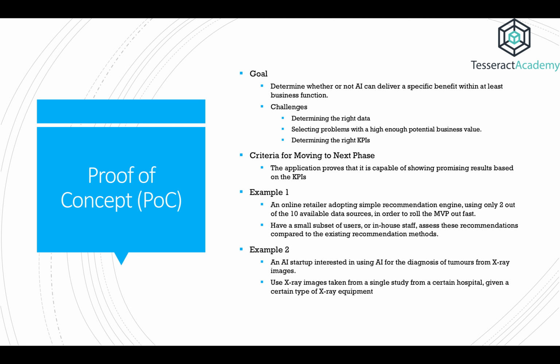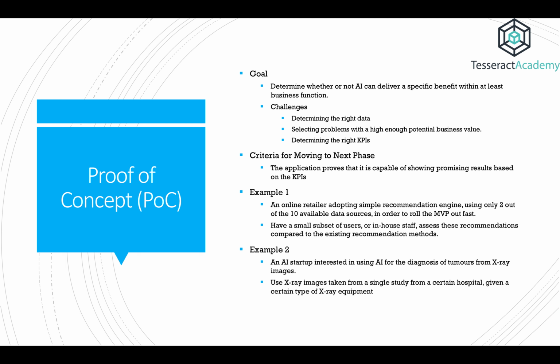The second one is selecting problems with a high enough potential business value, and the third one is determining the right KPIs. That's very important, especially for the decision makers and the stakeholders of an organization, because determining the right KPIs will make sure that everyone is on the same page as to what the deliverables should do.